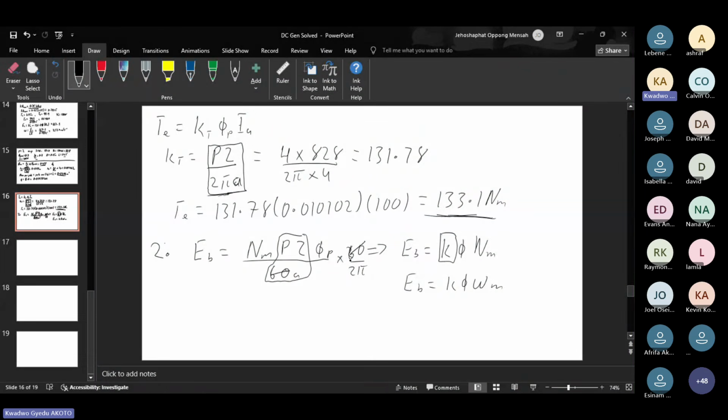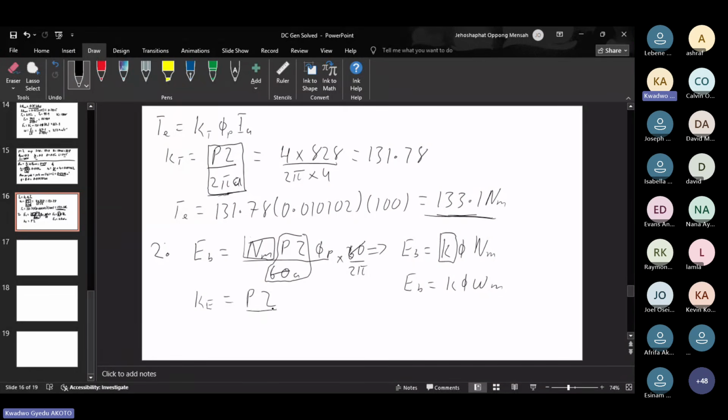Okay, so what I'm going to do is take a certain constant Ke so that whichever answer we get for our speed, I can leave in Nm like RPM directly. So I'm going to calculate a certain constant PZ on 60A, right? Because the speed we're given in the question was given as Nm.